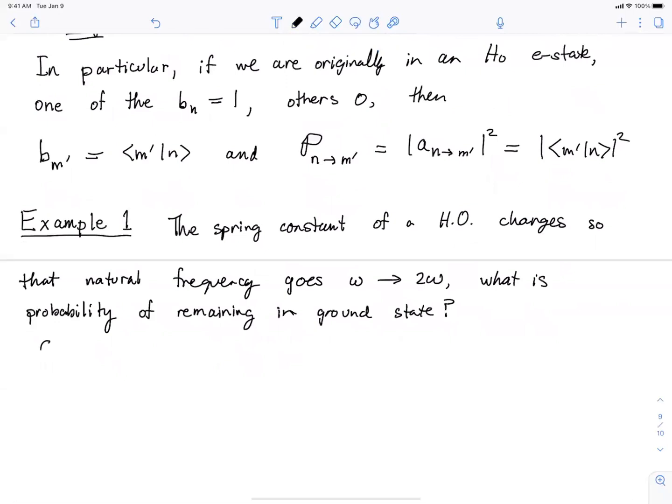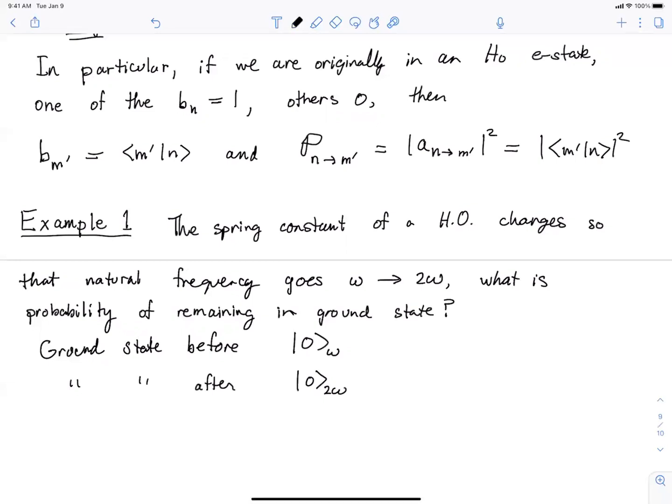So the ground state before should be labeled slightly differently. I'm going to call it 0 sub omega, and the ground state after I'm going to call 0 sub 2 omega. So the key thing is it's a different state.